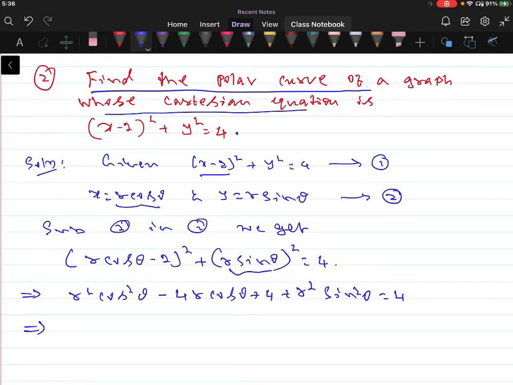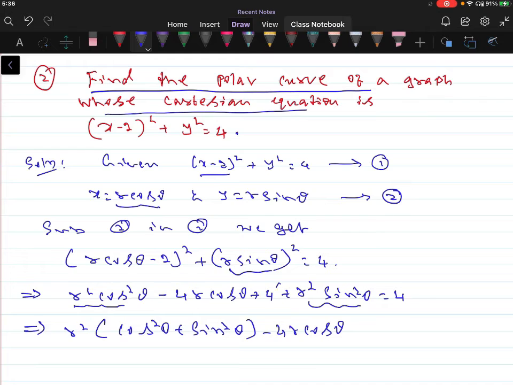So this implies, taking r² common from this and this term, r²(cos² θ + sin² θ) − 4r cos θ + 4, and the RHS 4 gets cancelled, equal to 0.